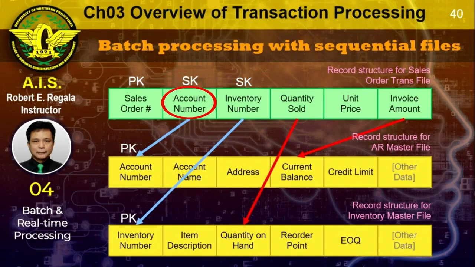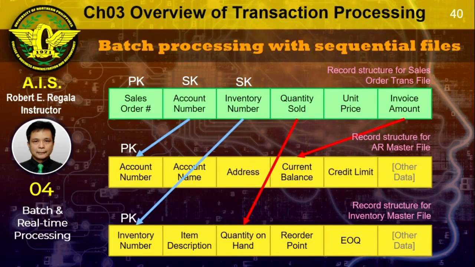Account number is used to identify the customer account to be updated in the AR, or accounts receivable, master file. Inventory number is the key for locating the inventory record to be updated in the inventory master file. To simplify the example, we assume that each sale is for a single item of inventory.